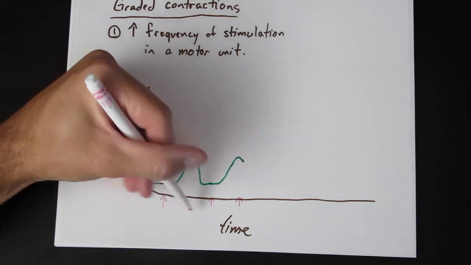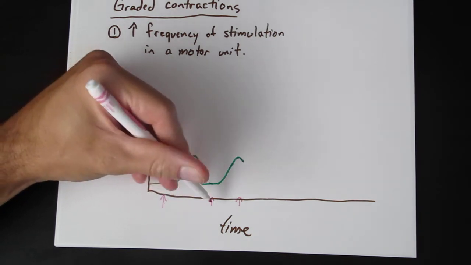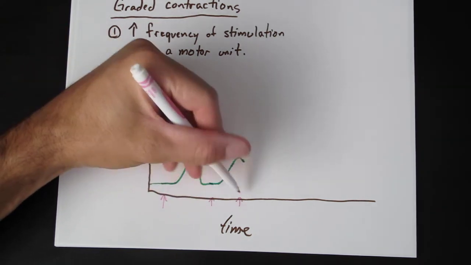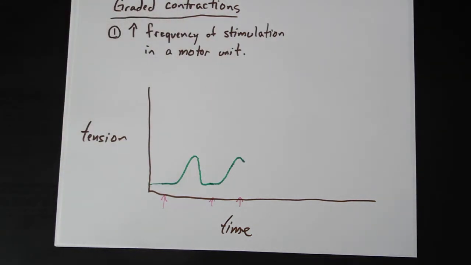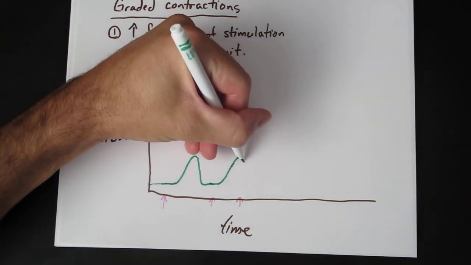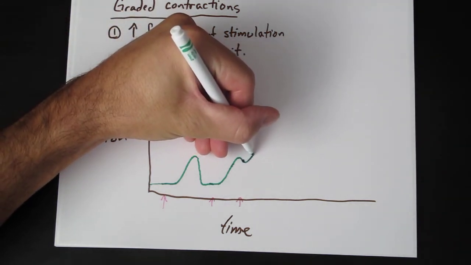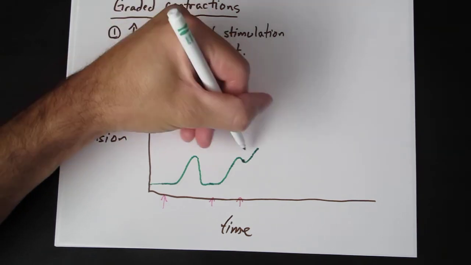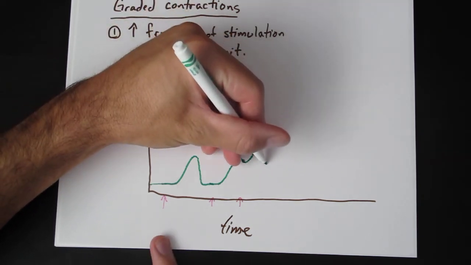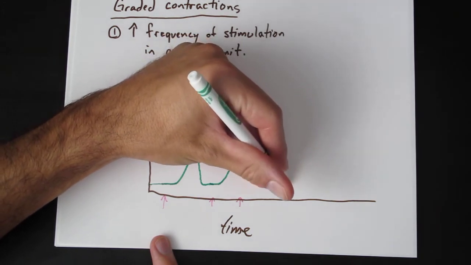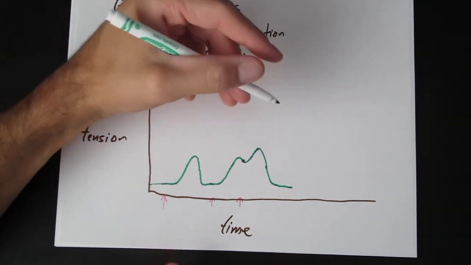Right? So here, these stimuli were some distance apart. You'll notice these two are closer. I've increased the frequency of the stimulation. And what we see from the muscle is that it responds again, but it responds with more tension. We have a stronger response. This comes back to resting, and we have something that looks like that. All right?